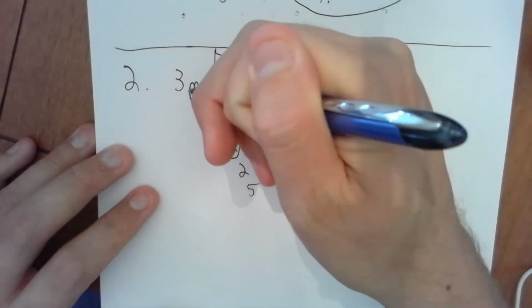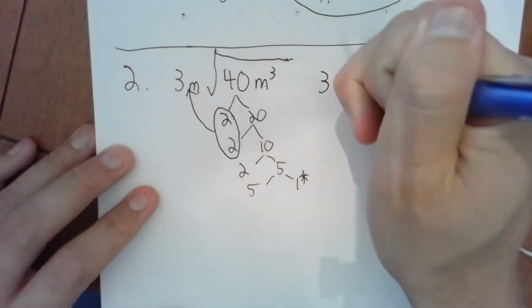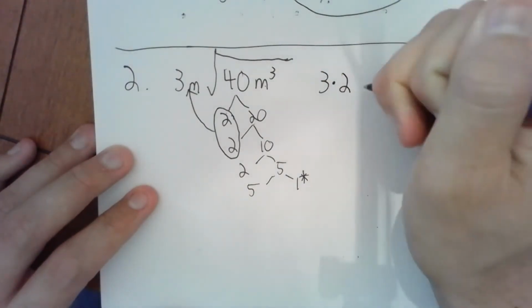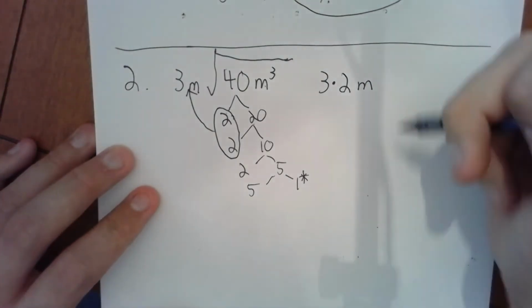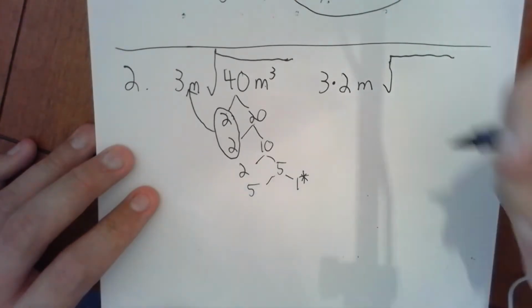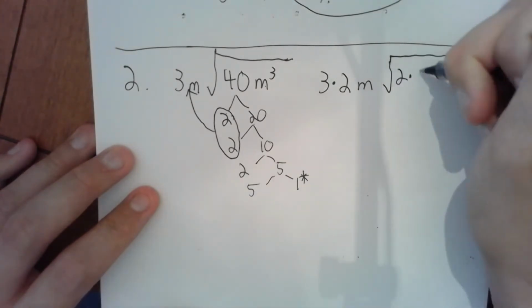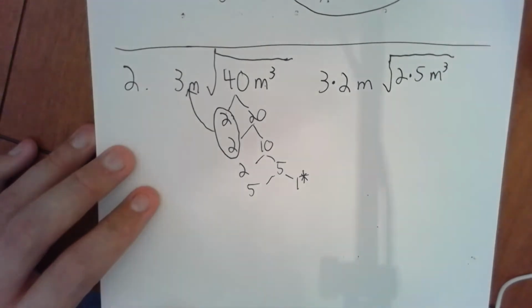So you get to take out one 2 for that pair of 2's, and then put it on the outside with that 3 and that m, all being multiplied together. And then on the inside, you throw back in the 2 and the 5 since they do not have a pair. And we have not touched the m cubed, so keep that m cubed on the inside.